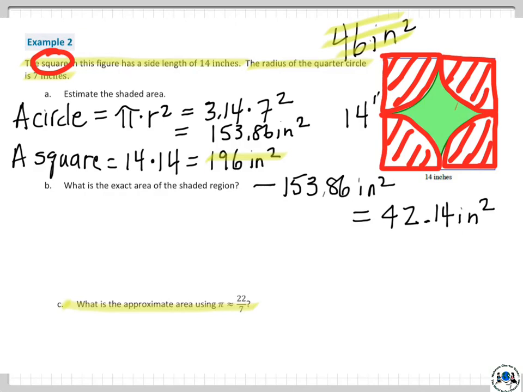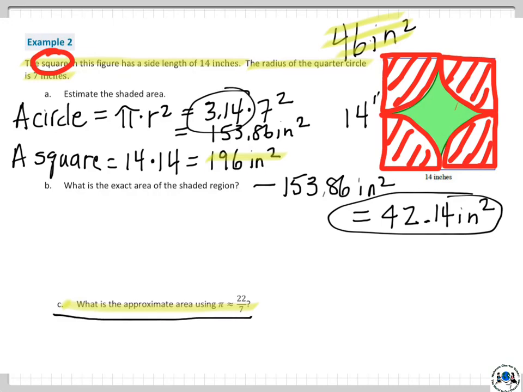Here's my value using 3.14 as pi, but why don't you find the approximate area using 22 sevenths as pi, because 22 sevenths is very close, as you know, to 3.14 as far as a fractional value is concerned. So go ahead and do that and come on back and see what you get, and I'll do it as well.